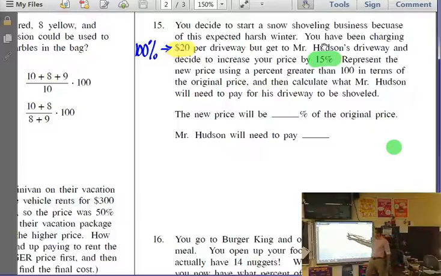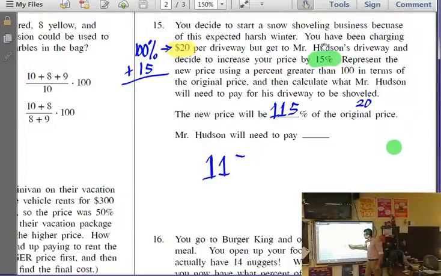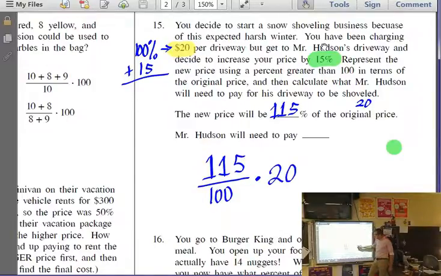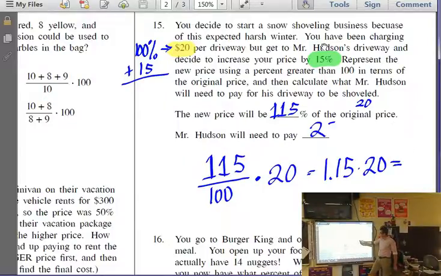So if this was 100% and we increase it by 15, I'm going to get that the new price will be 115% of the original. Now, the original was 20, so all we have to do to find the new price is do 115% of the original price, which comes out to be 1.15 times 20, which in the end will be $23.